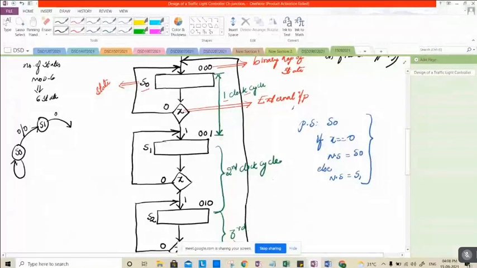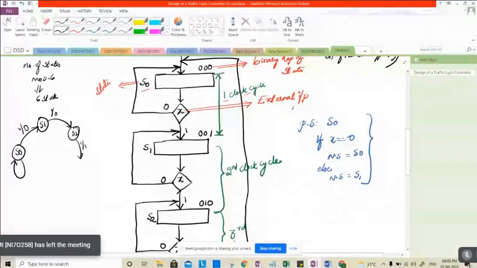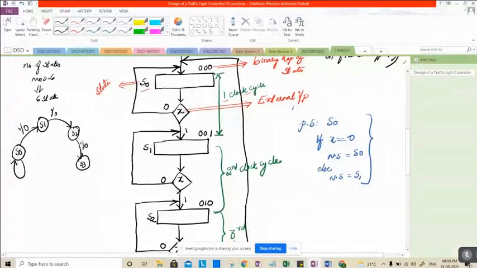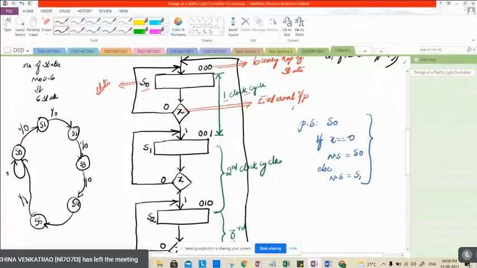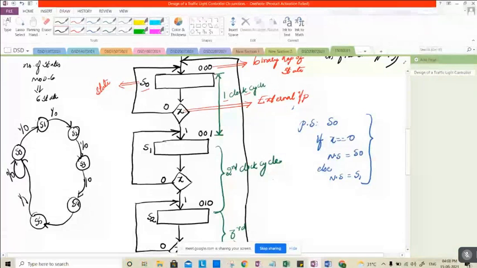Then again, 1 by 0, S2, 1 by 0, this is S3, 1 by 0 is S4, S5, this is 1 by 1, 0 by 0. Right.